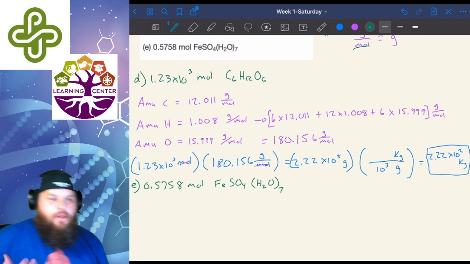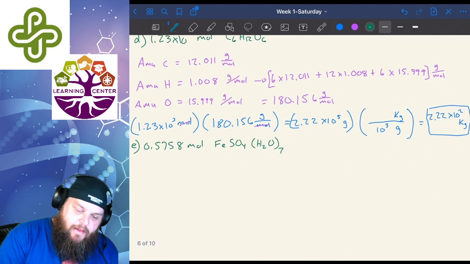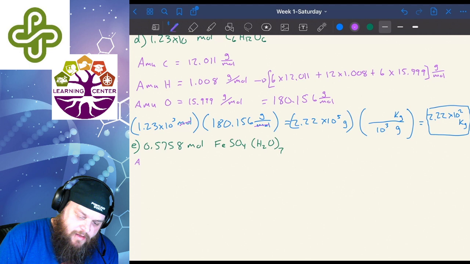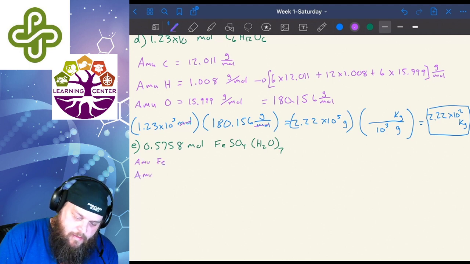So we can do the same thing here, finding the molar masses for all of these: the AMU of Fe, the AMU of S, sulfur, the AMU of oxygen, and the AMU of hydrogen.